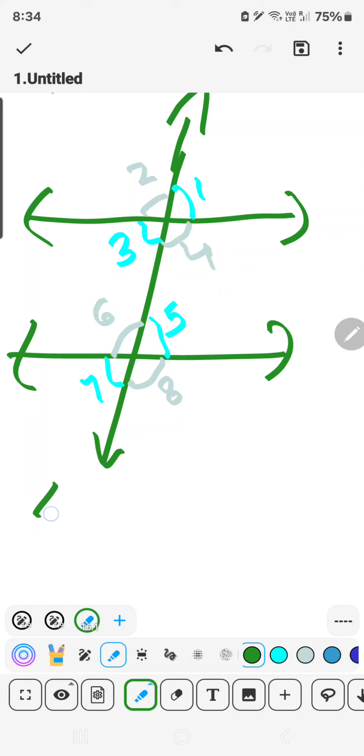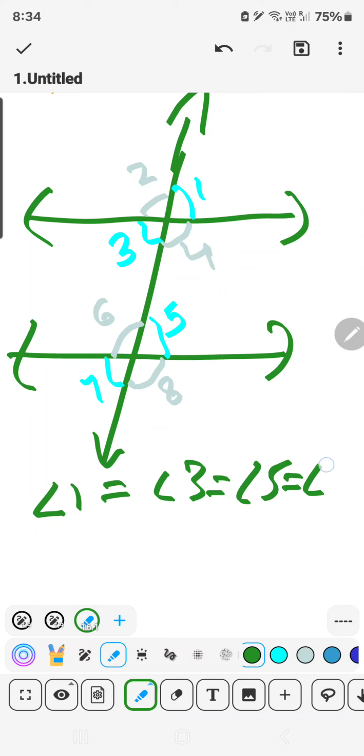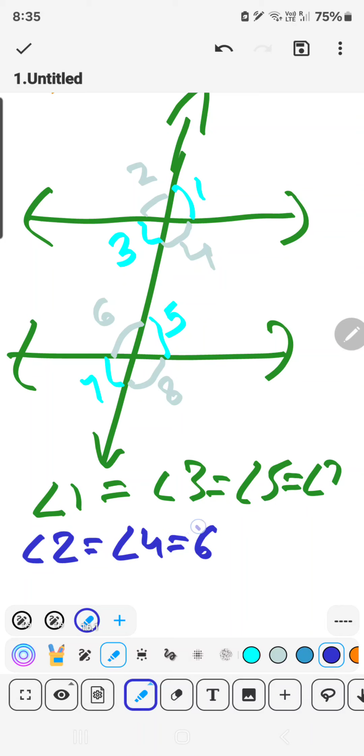So now I'll write angle 1 is equal to angle 3, which is equal to angle 5, which is equal to angle 7. And angle 2 is equal to angle 4 is equal to angle 6 is equal to angle 8. Why are they equal? I'll tell you.